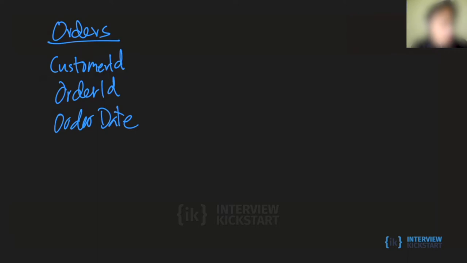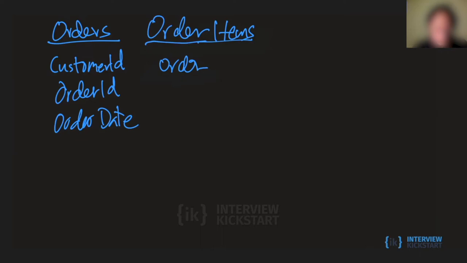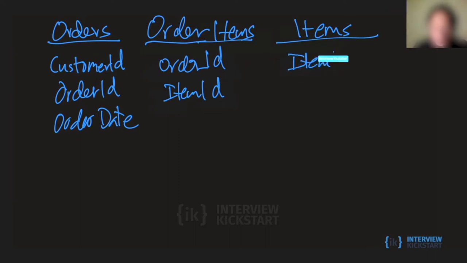Then we have the order item table, which has order ID and item ID. And then we have the items table, which has item ID and the name.